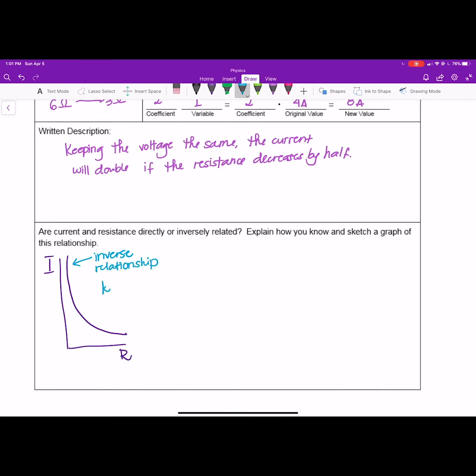And K, the constant, now it's not the slope, but it's how it goes down constantly. K represented the voltage. So we have current and resistance are inversely related.